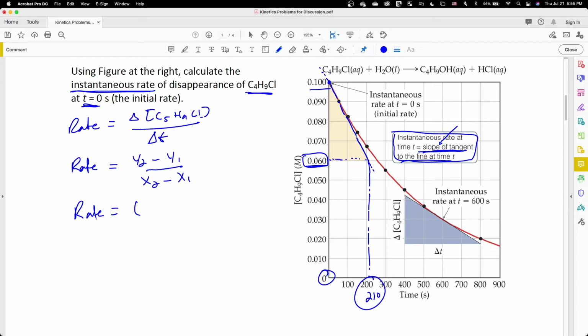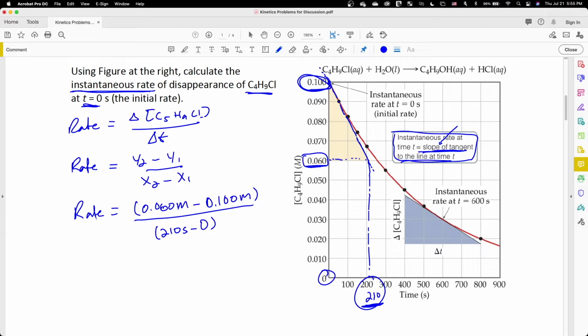And so 0.060 molar minus the first y, which is 0.100 molar, all that divided by 210 seconds, which is our final time, minus 0.